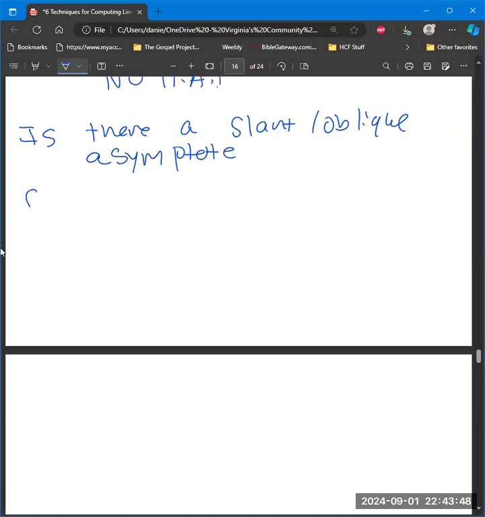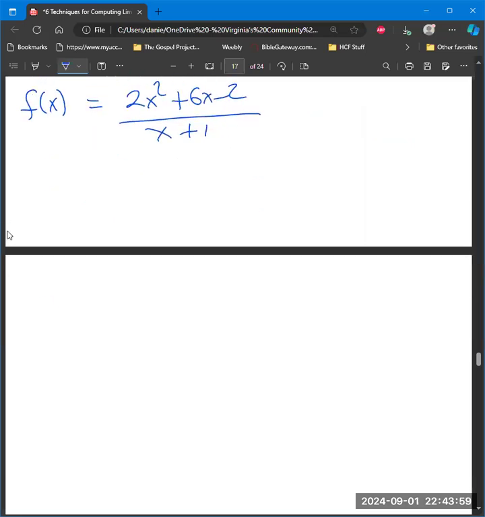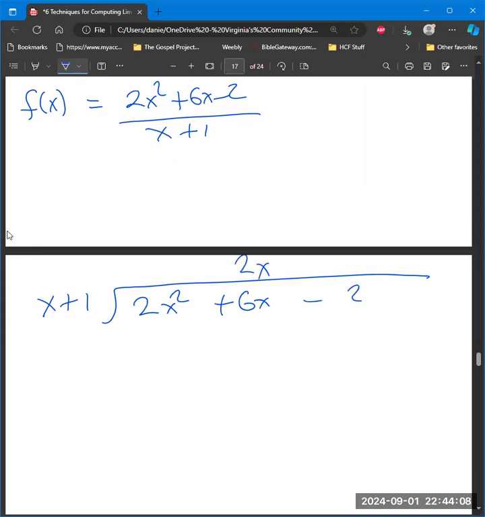Let's look again. F of x is equal to 2x squared plus 6x minus 2 over x plus 1. And we're going to set up polynomial long division. X plus 1 into 2x squared plus 6x minus 2. It's going to be 2x squared, and 2x, subtract.